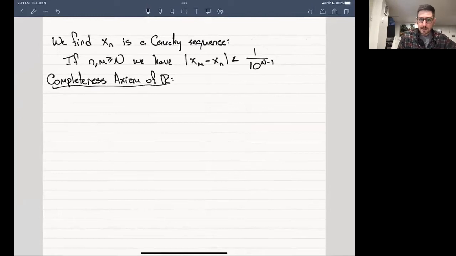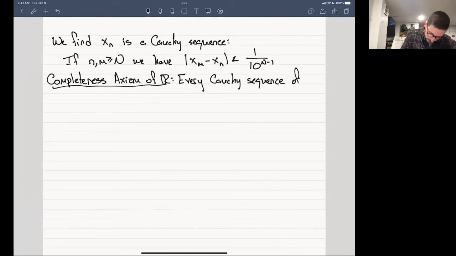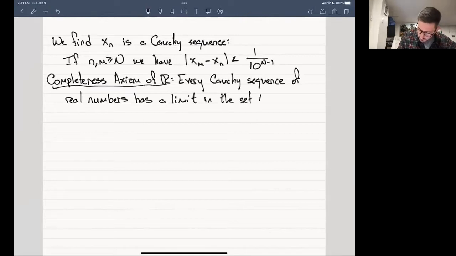So what this says is that every Cauchy sequence of real numbers has a limit in the set R of real numbers.